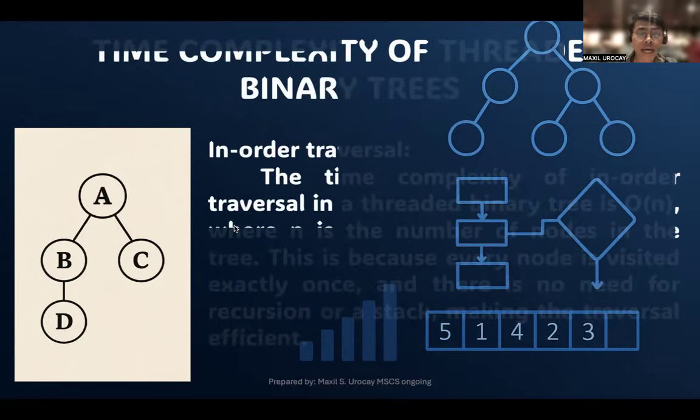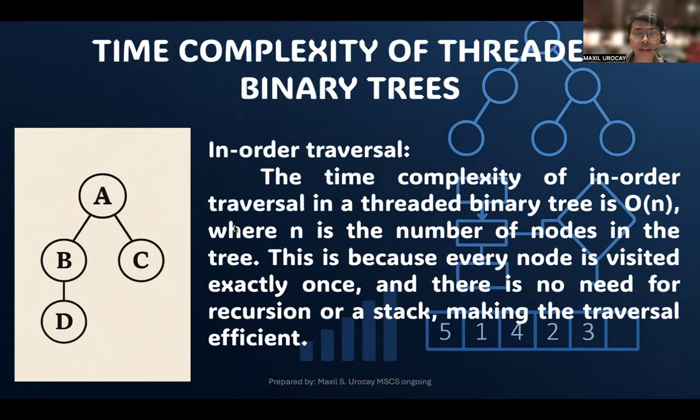So here then, the time complexity of threaded binary trees. For in-order traversal, it will be linear time, O(n), where n is the number of nodes in the tree. This is because every node in the tree is visited exactly once, and there is no need for recursion or a stack, making the traversal efficient.